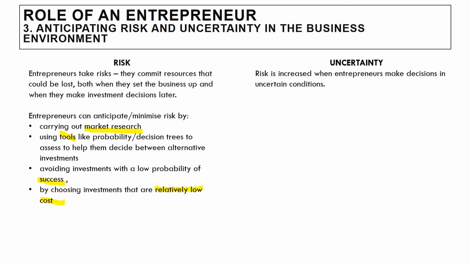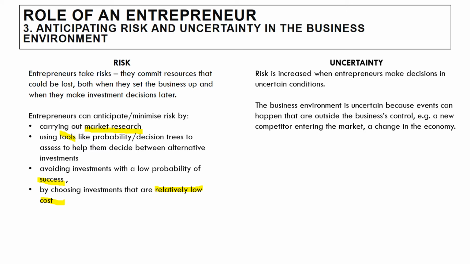The entrepreneur will also be keen to minimize uncertainty or think about the risk that's involved in an uncertain environment. Because they can't control everything. They can control what's happening within their own business, but there might be things outside their control, like perhaps a new competitor entering the market or a change in the economy, which will create uncertainty for their business and increase the risk.